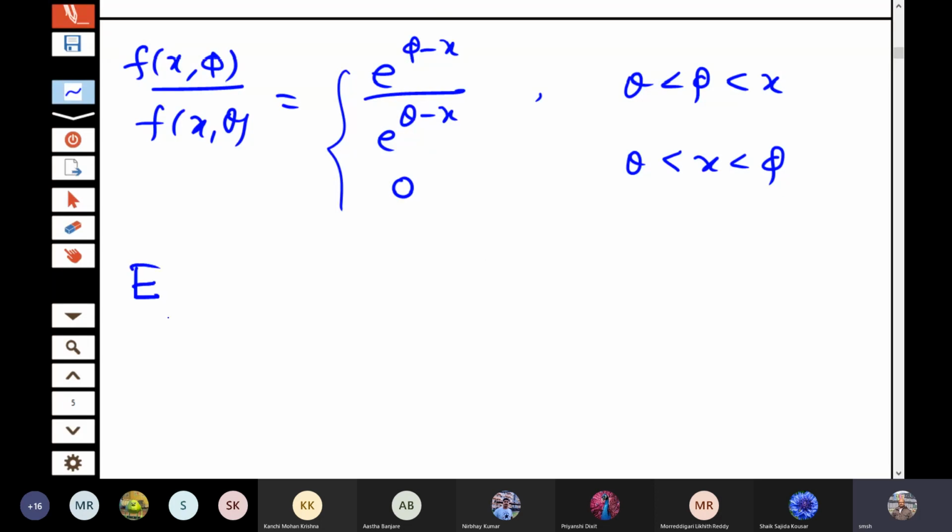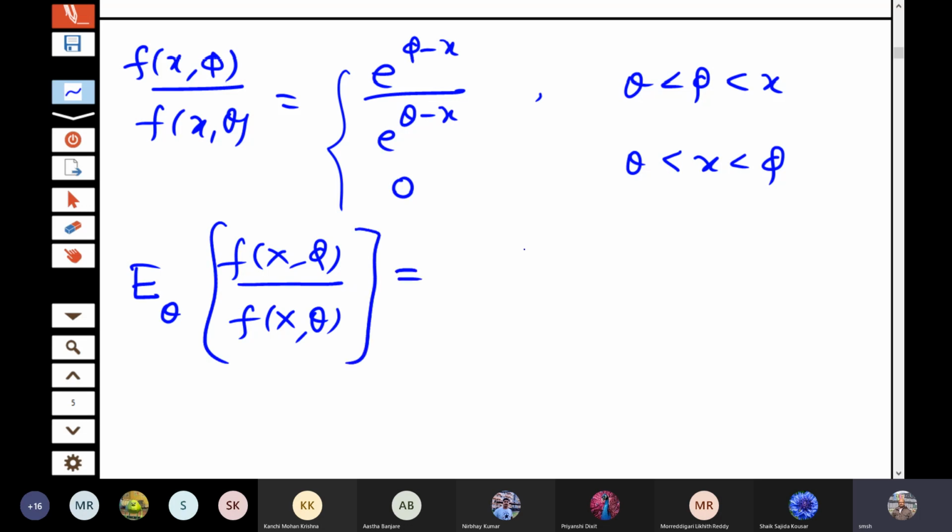So now I consider the expectation of fx phi over fx theta when the distribution is with parameter theta. So it is the integral of e to the power phi minus theta, e to the power theta minus x dx, from phi to infinity.